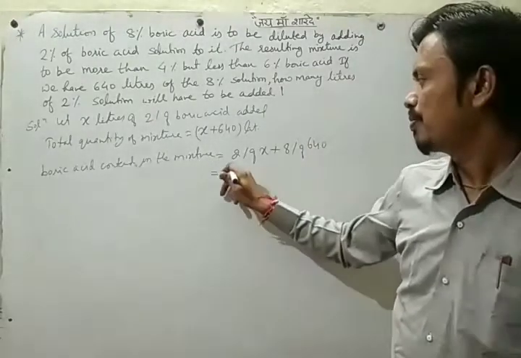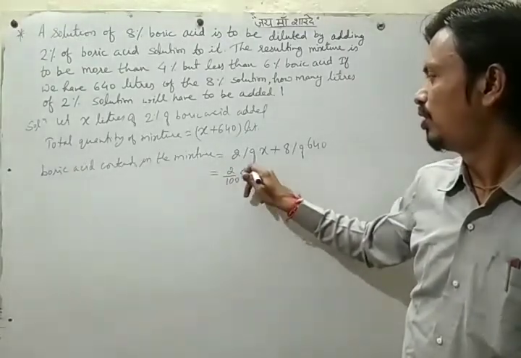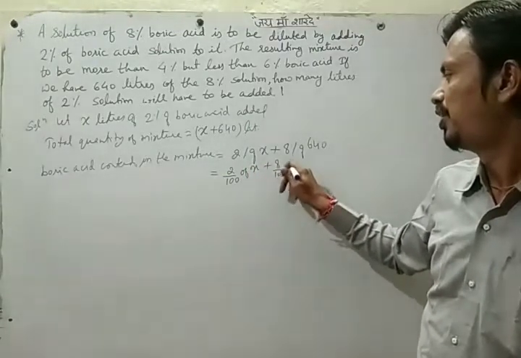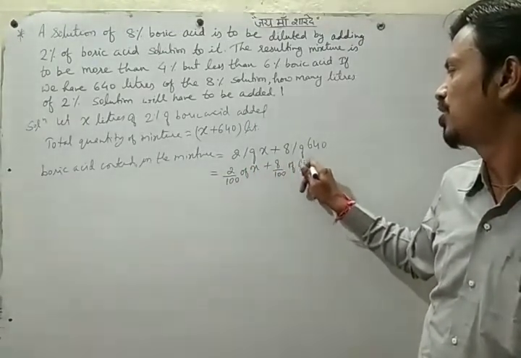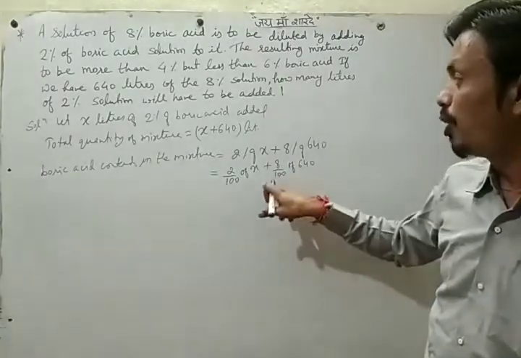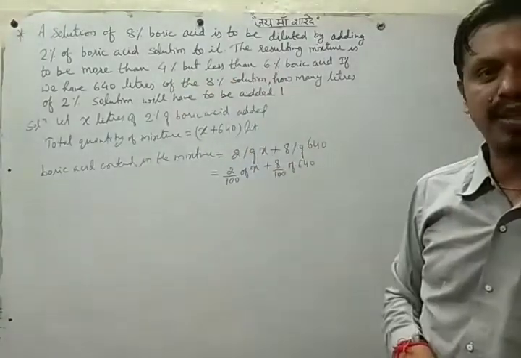So it will be 2 by 100 of x plus 8 by 100 of 640. This much boric acid we have in the mixture, and this should be more than 4% and less than 6%.